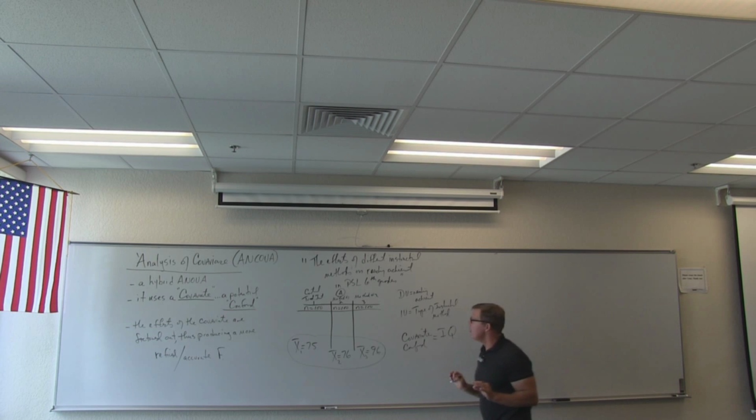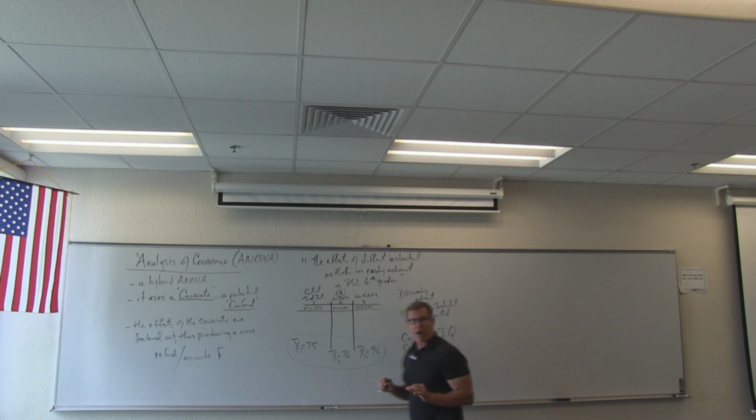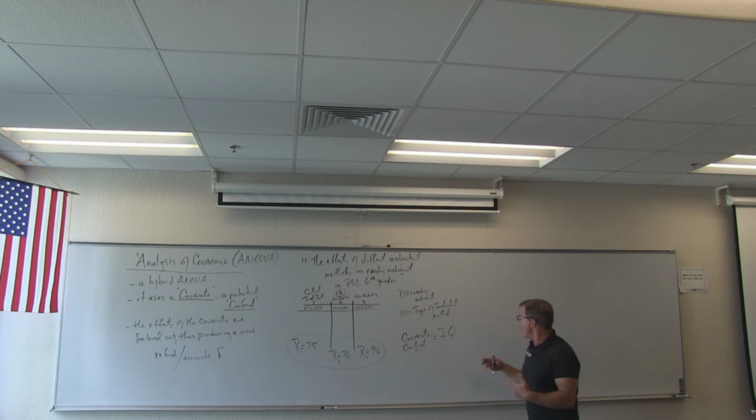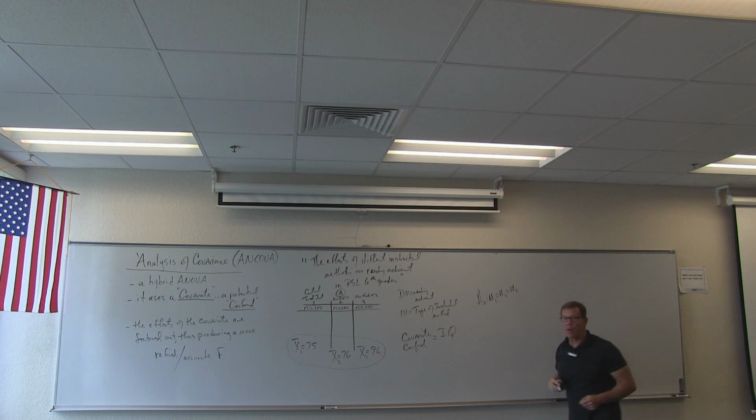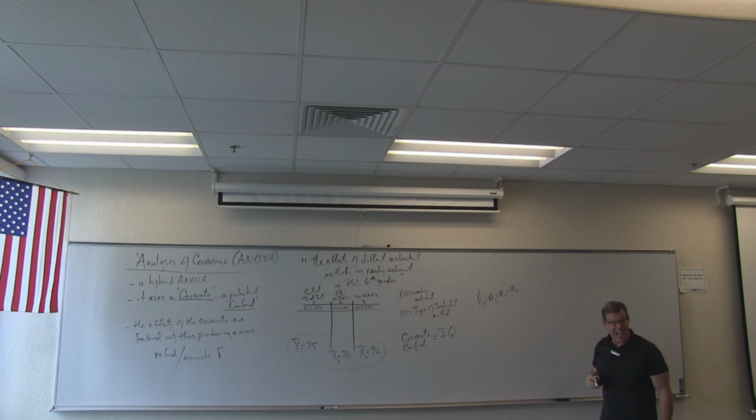But if I run an analysis of covariance, thus factoring out the effects of IQ on reading achievement, and F is non-significant, then we would accept the null.